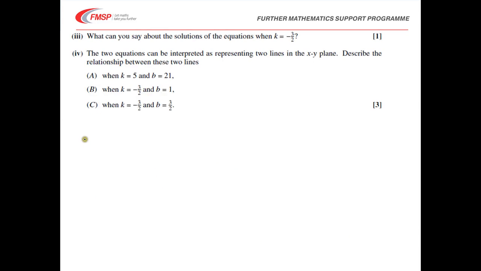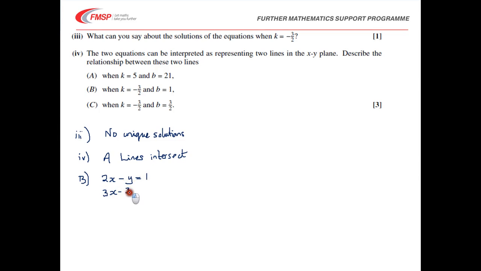What can you say about the solutions when k is minus 3 over 2? There are no unique solutions. And then for part 4, A, we know that the lines intersect because we've already dealt with it. For part B, let's have a look at what it looks like. So we've got 2x minus y equals 1, and 3x minus 3 over 2 y also equals 1.